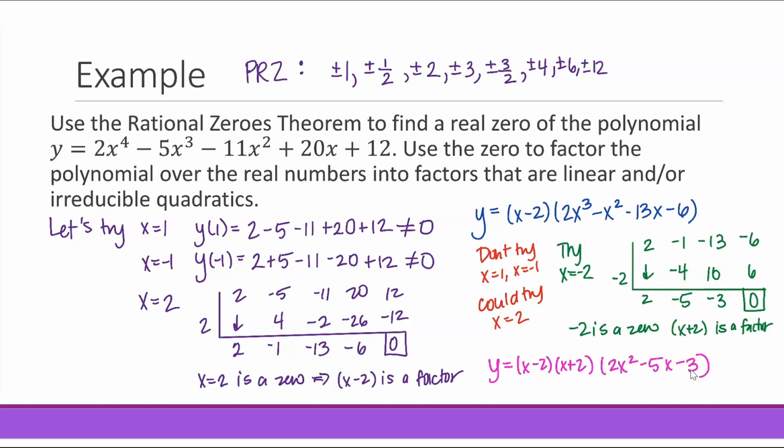If it doesn't factor, then we can stop, because this problem just wants us to factor to linear irreducible quadratics. This does happen to factor. So we have x minus 2, x plus 2. This factors to 2x plus 1 times x minus 3. So I'm going to go ahead and box that in. That is my final factorization of the original degree 4 polynomial.